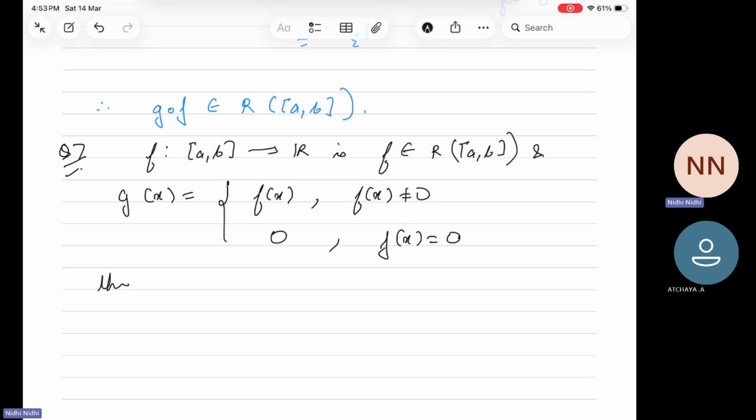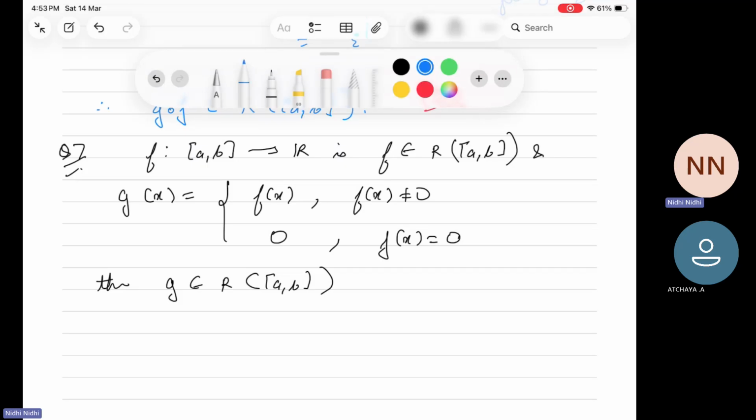Then they're saying that g is Riemann integrable as well. So what do you think, whether this is true or false?